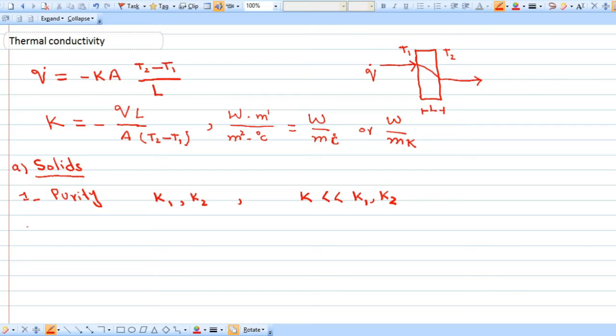So in the case of metals as well as non-metals, purity results in a change in thermal conductivity. Thermal conductivity of metals is also varied by changes in thermal processing conditions or by mechanical processing of the metals.